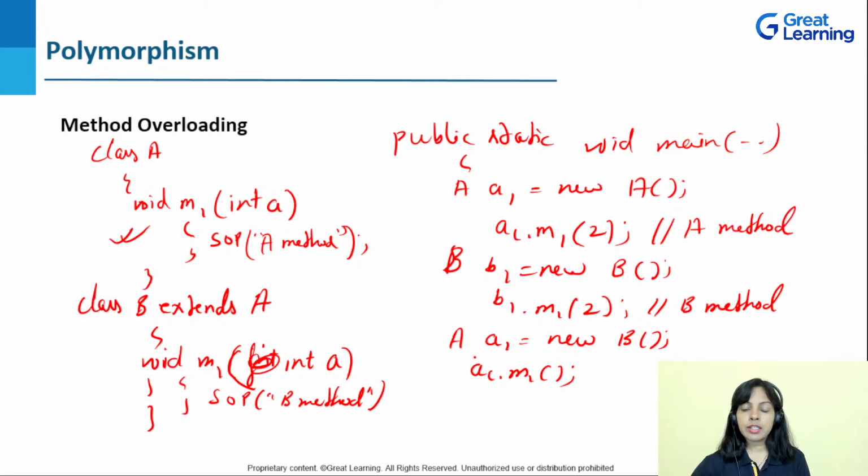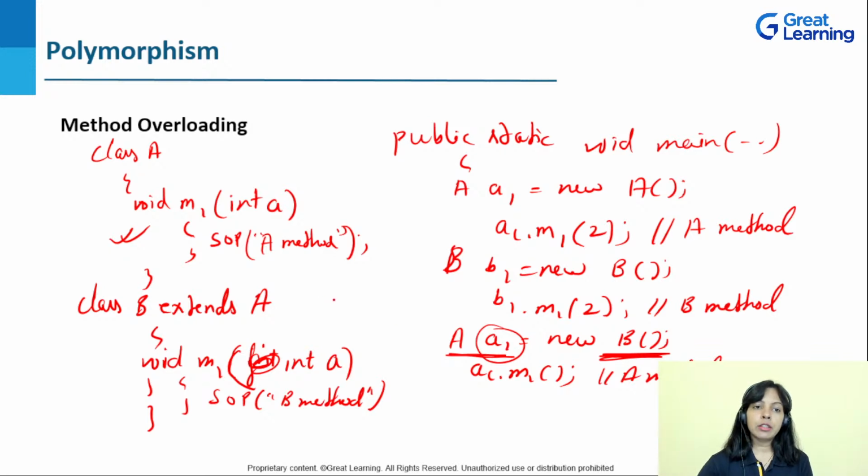A only, because this A1 object belongs to class A, which is decided by the compiler at compile time itself. It has nothing to do with which class constructor is being used at runtime, right? So it will call the class A method and print A method.